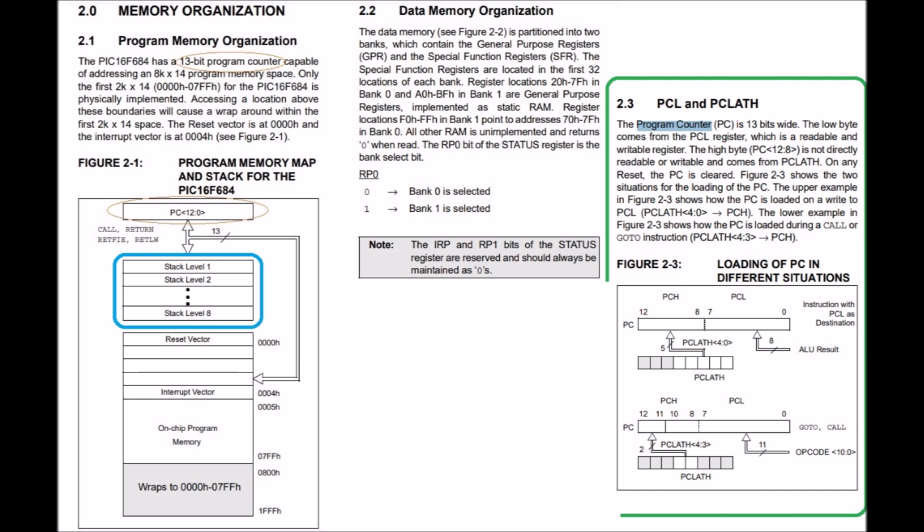When a subroutine is called using the call instruction, the program counter, PC, value, which is the address of the next instruction, is pushed onto the stack. The program counter is then loaded with the address of the subroutine.